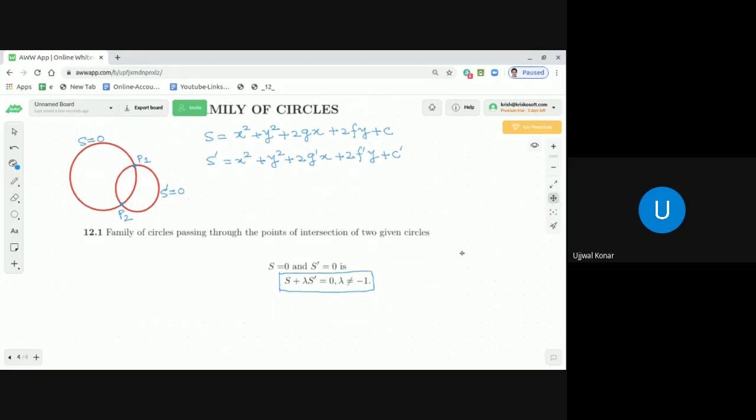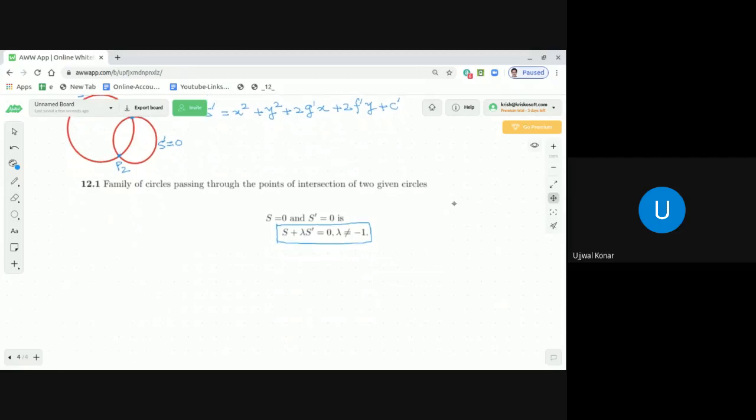So S plus lambda S dash equal to 0 is the equation of the family of circles passing through the point of intersection of the two circles S equal to 0 and S dash equal to 0. You vary lambda, the number of real numbers is infinite, so you will get different circles. That is about the family of circles, correct, dear students?